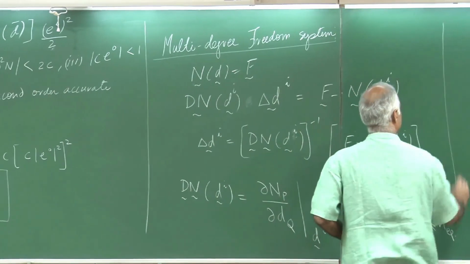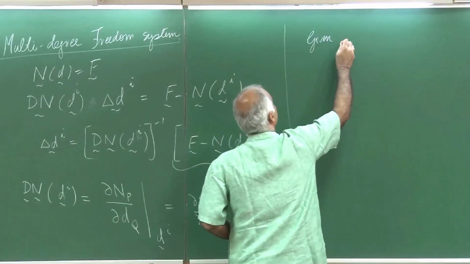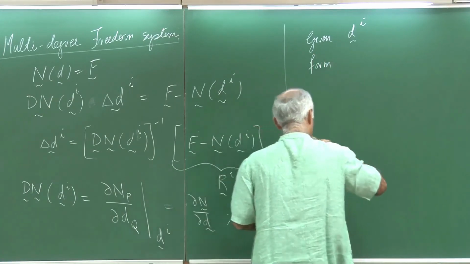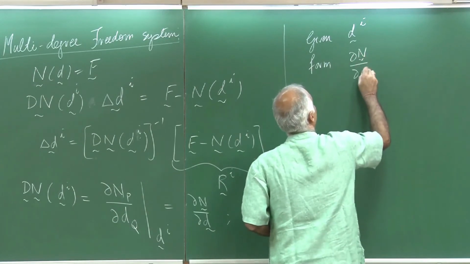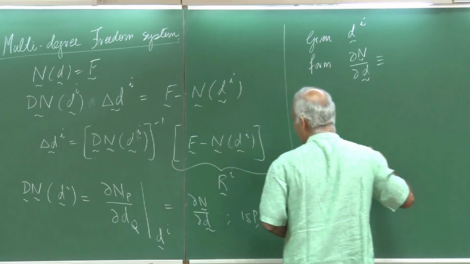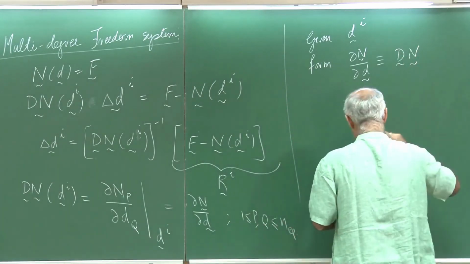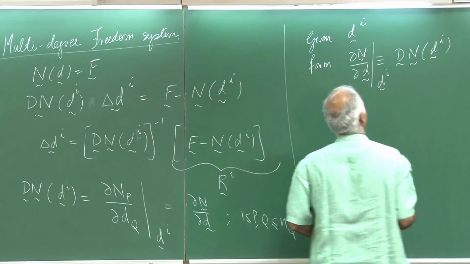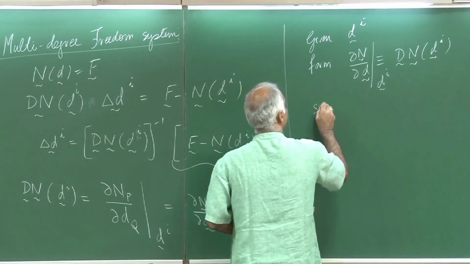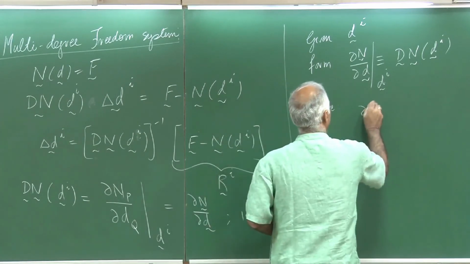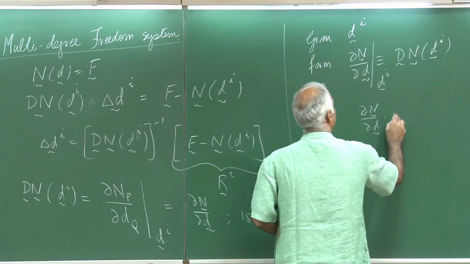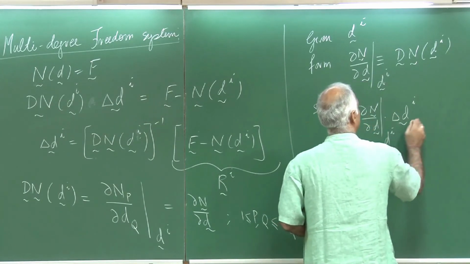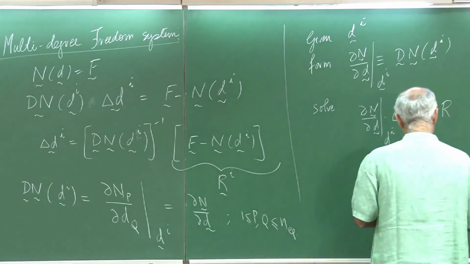So the algorithm works like this. Given a d_i, I am going to form del N by del d, which I am also calling as dN, at d_i, and then I am going to solve this equation, which is del N del d times delta d_i, this is at d_i, this is R_i.